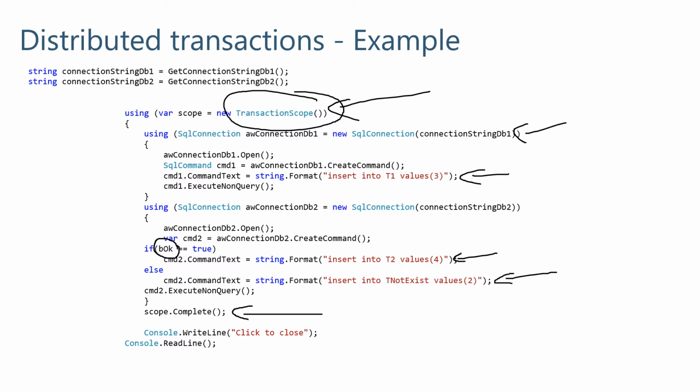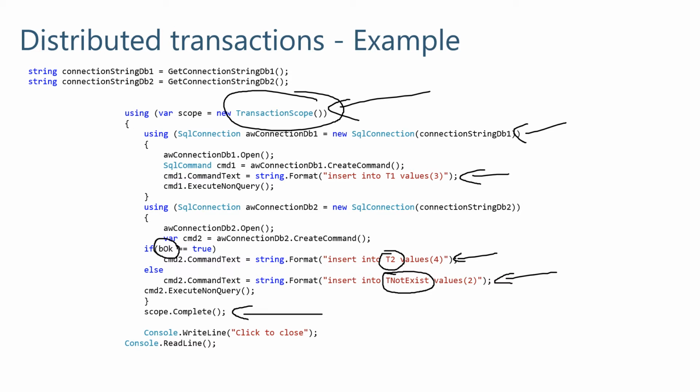It's just to show you how the process runs. As we have the table here, the transaction will be completed. As we don't have this table, the distributed transaction will not be completed because the table doesn't exist in the secondary database.